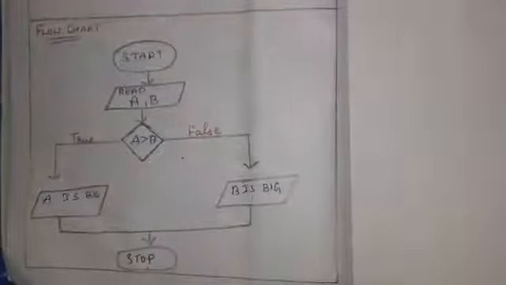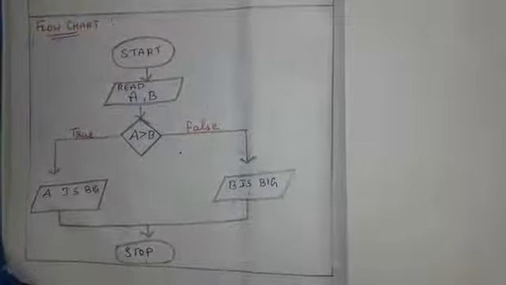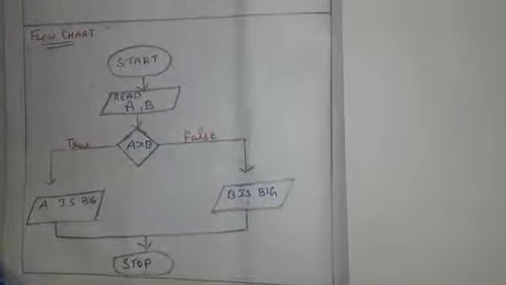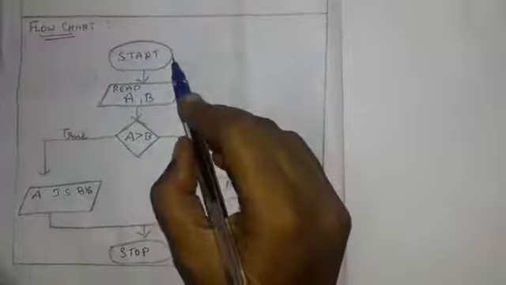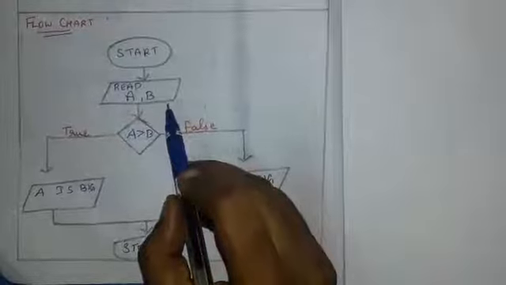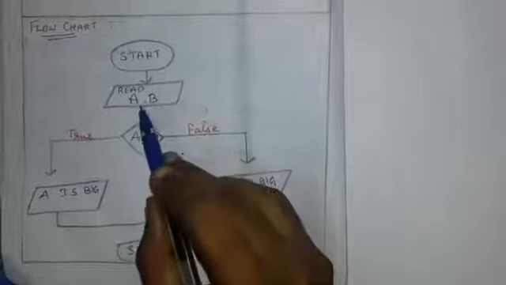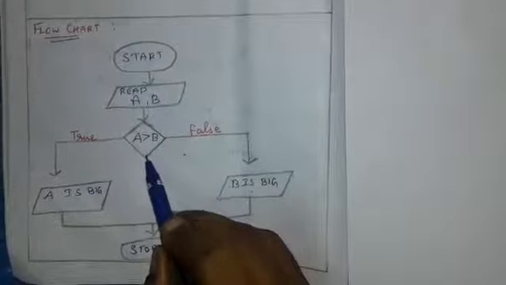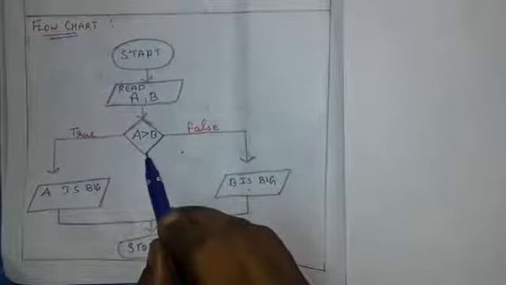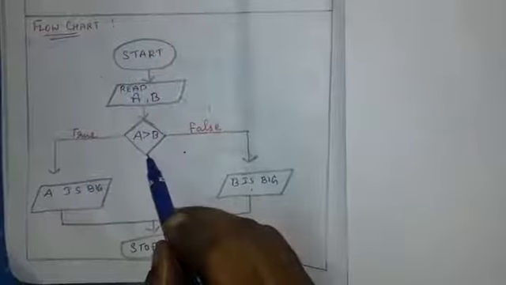Now the second example, to find the greatest of two numbers. First we will see the flowchart, then we will go to the algorithm. Start. The question is to find the greatest of two numbers, so two variables have to be used. Read a, b. Here this box is used for a condition, to check a value using the condition.